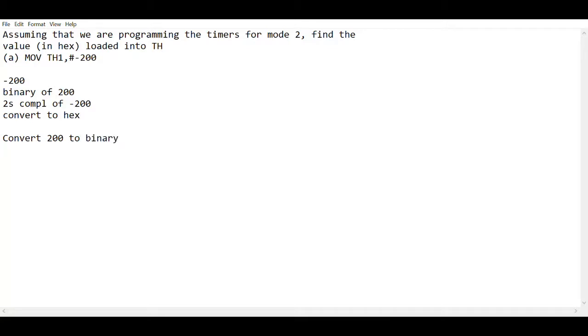So how do you convert decimal 200 to binary? For that, you will divide 200 by 2. So you have 100. Remainder will be 0.